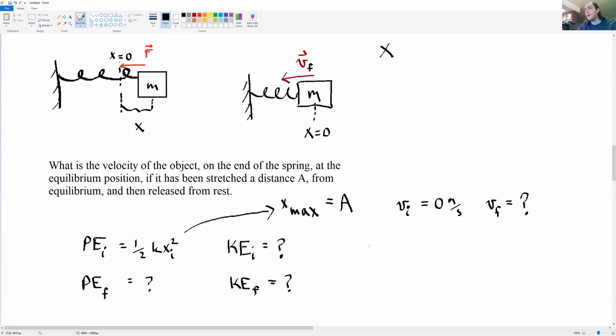And of course, energy must be conserved, right? The initial energy has to equal the final energy, so total energy. Okay? So we want to use energy conservation here. The energy remains constant in this problem.